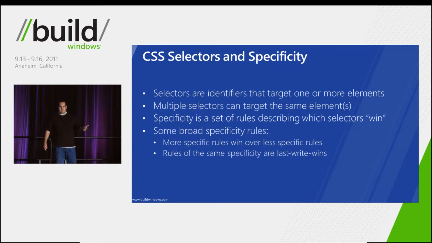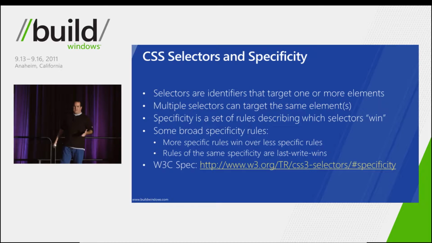So there are more rules than just that. The W3C has an excellent spec, and I've been working on this for a couple of years, and I still find myself consulting it because there are a lot of very complex ways that these selectors can interact with each other. Do you find yourself still looking at the spec from time to time, Phil?